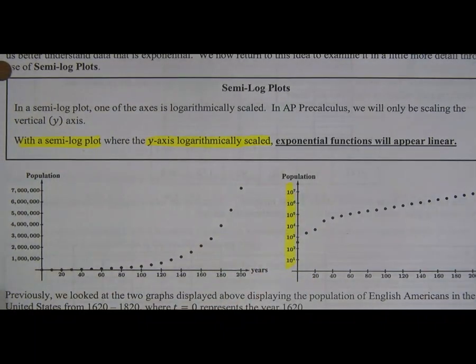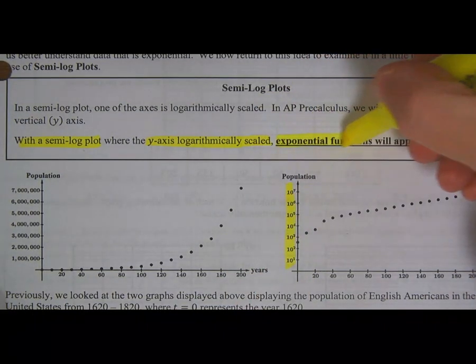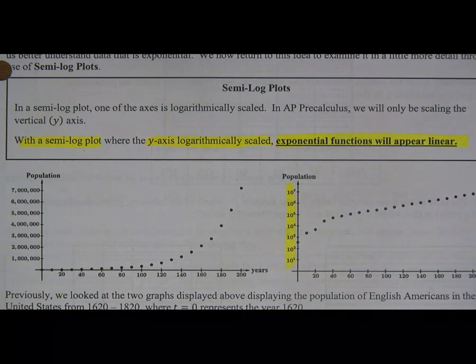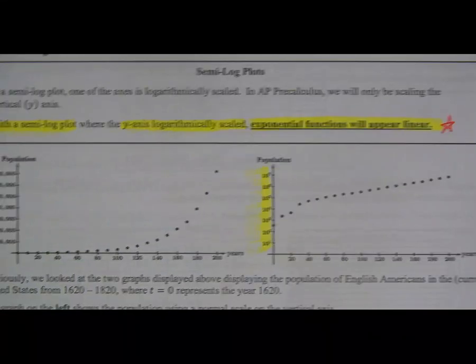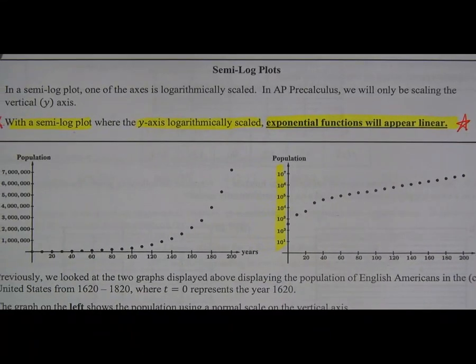When that happens, an exponential function will appear linear. That's a huge concept. That will be a very easy multiple choice question.